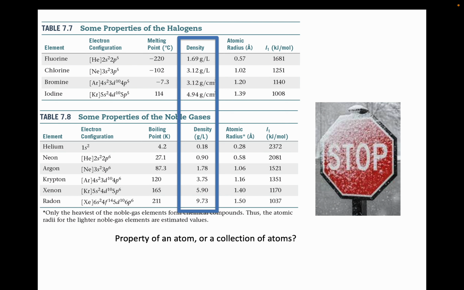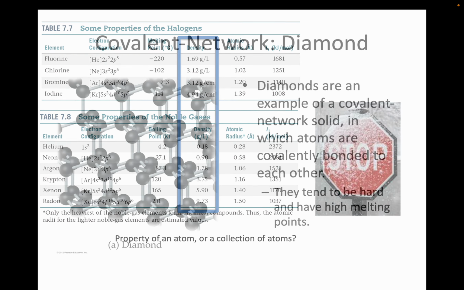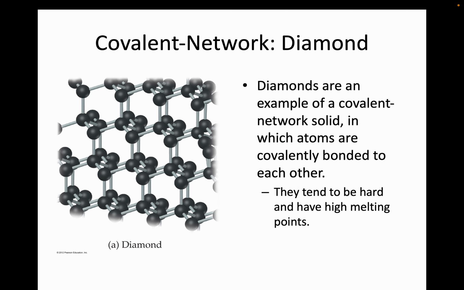Now, within the figures here, what about the density? What do you think about that? Is that the property of an atom or a collection of atoms? To answer it, let's consider diamond. Diamond is an example of a covalent network solid. Here we have covalent bonds, just like we discussed earlier in Chapter 9.